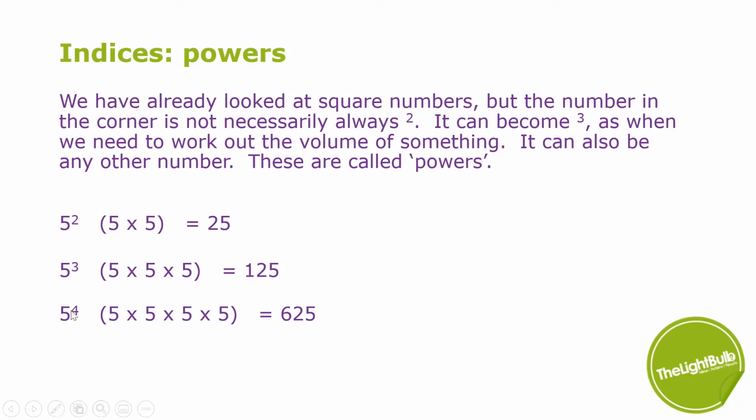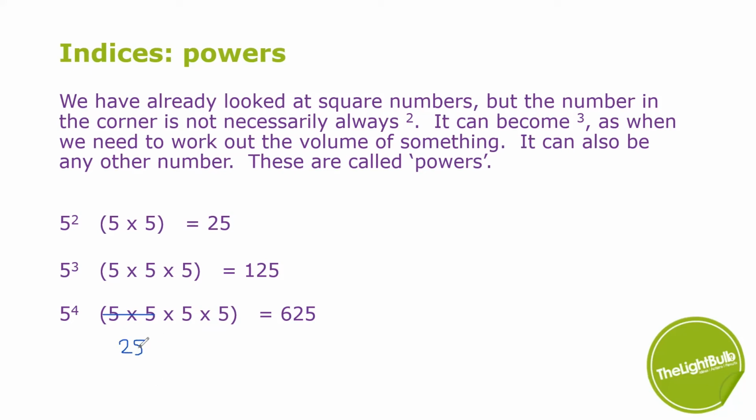So whatever the little number is, tells us how many times to write the main number, and then all we do is put the multiply symbol in between them. So let's look at this example of 5 to the power of 4, and we'll see that if we take care of the first one, 5 times 5 is 25. So we can cross out those two. 5 times 5 is 25, like so.